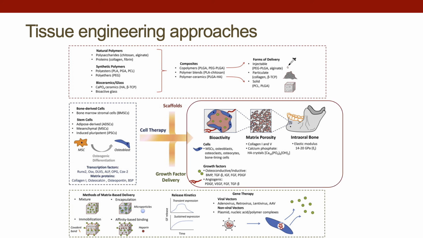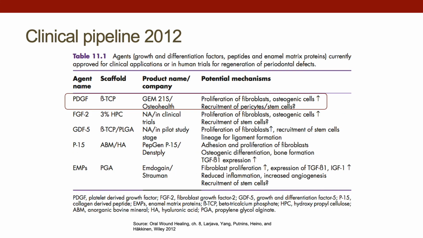And then combining all three of those approaches, it might be possible to really get the final approach to generate desired wound healing. And here's some compounds and combinations of compounds that are in clinical trials, and this is not too recent now, but we can see here that the molecule PDGF, platelet-derived growth factor, is one thing that's being looked at.